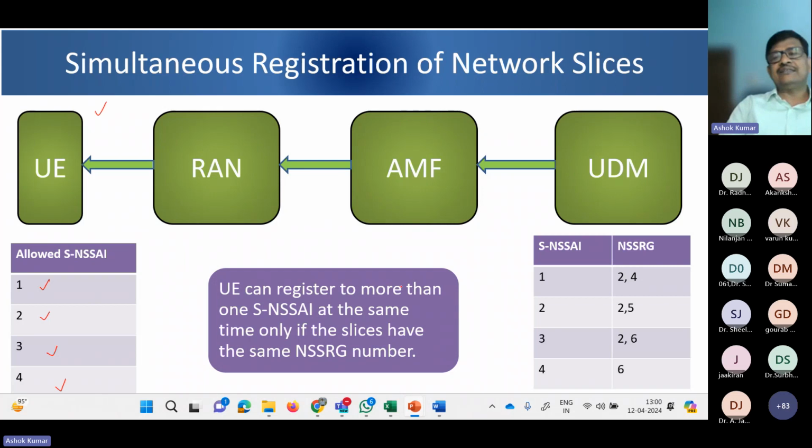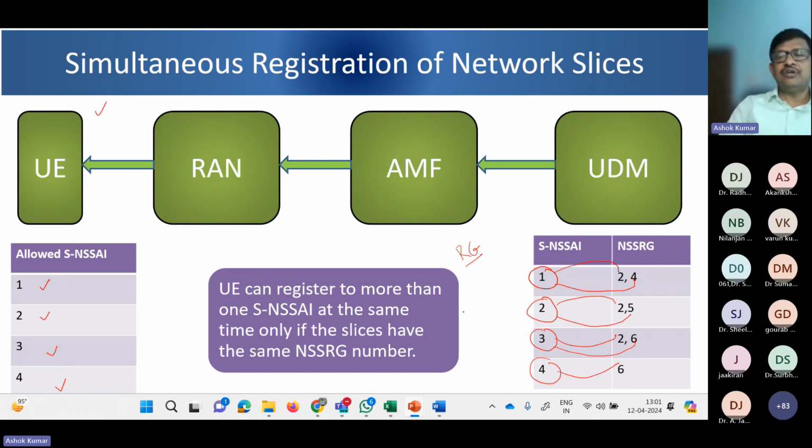Now there are groups, as I said, group 1, group 2, group 3, registration groups. What is shown on the right side is that slice 1 is there in group 2 as well as group 4. Slice 2 is there in group 2 and also in group 5. Slice 3 is there in group 2 and group 6. Slice 4 is in group 6.